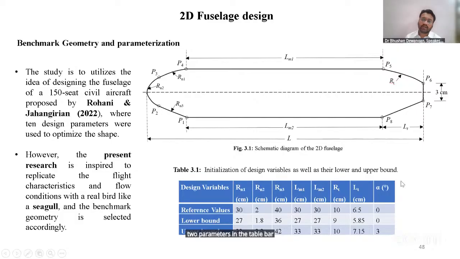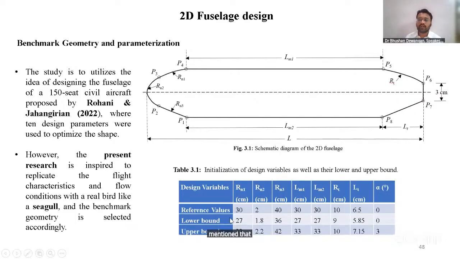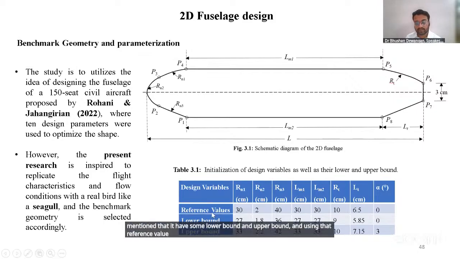So we have again added one flow parameter, that is our angle of attack. And for this angle of attack, we have mentioned that it has a lower bound and upper bound, and the reference value is taken from a seagull. Why have I taken the seagull?